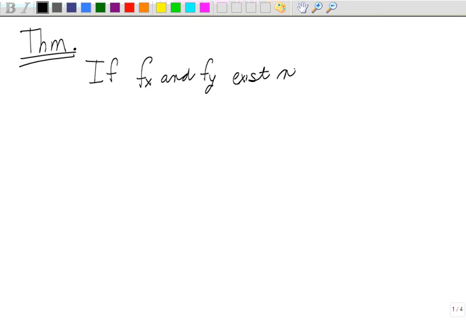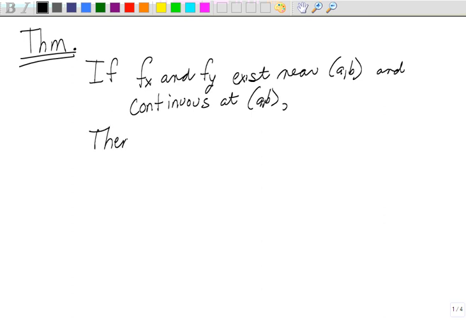And we're going to use this theorem, which I'm not going to prove, that says if the first partials exist near our point and they're continuous at the point, then f is differentiable at the point.